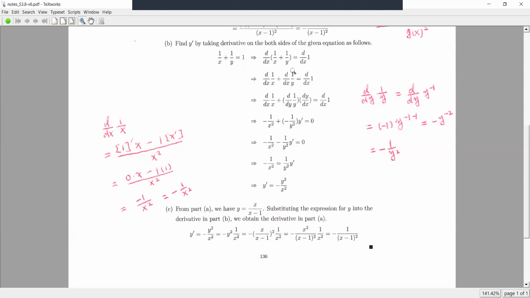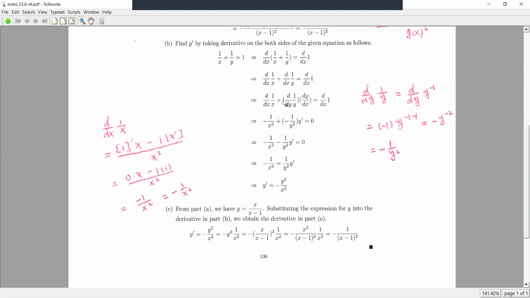About the second derivative, the derivative of 1 over y with respect to x, we need to use the chain rule to compute it. Insert dy to the denominator and a dy to the numerator, then this derivative is equal to this derivative times this derivative.